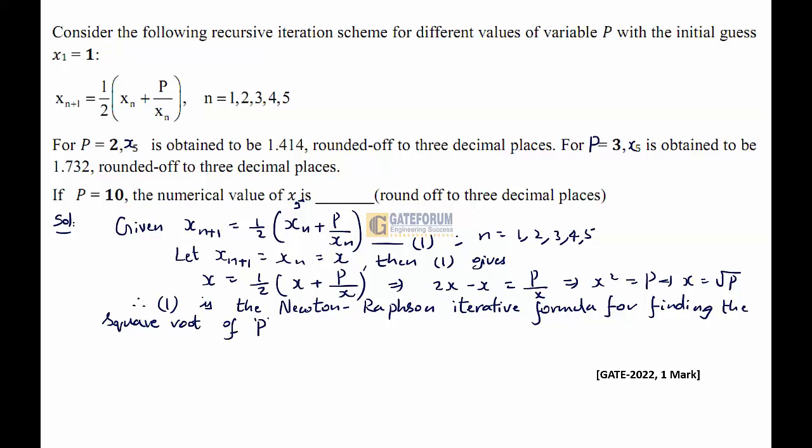So the given formula is nothing but, by using Newton-Raphson method, the square root of a given number p.